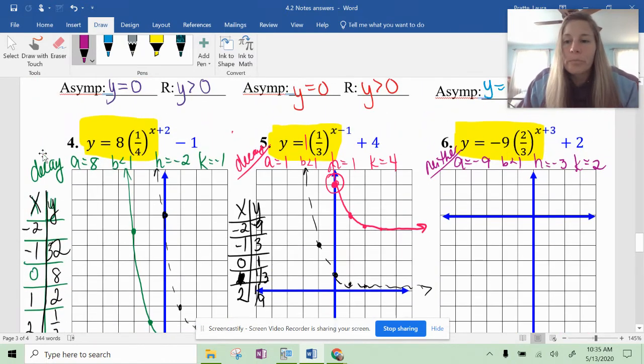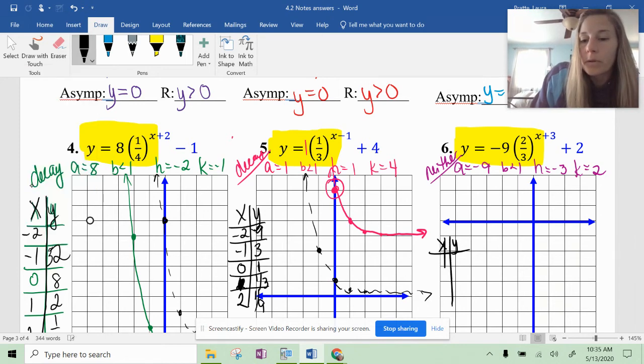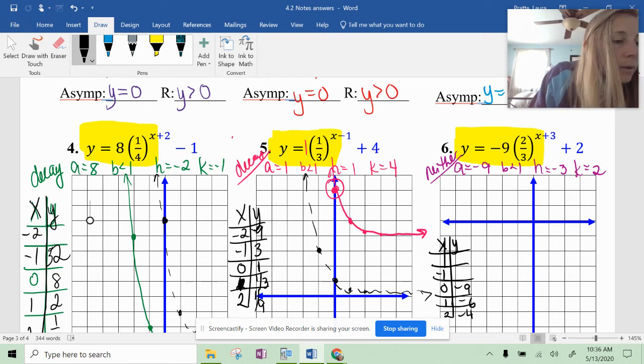Okay, so to do the parent function first, if I put in 0, I get -9. If I put in a 1, I get -6, I believe. If I put in a 2, I get -4. If I put in a -1, let's see, do I have that on my paper?